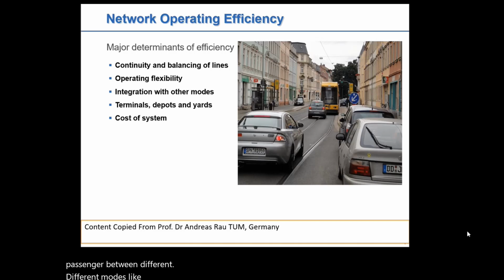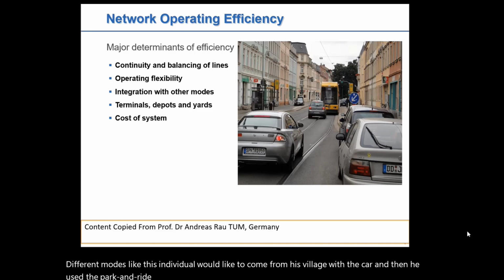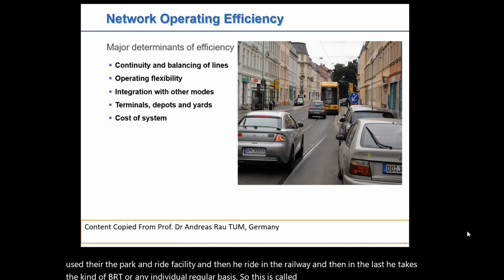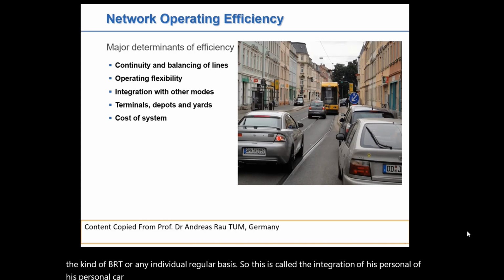Like if an individual would like to come from his village with the car, and then he uses there the park and ride facility, and then he rides the railway, and then in the last he takes a BRT or any individual regular bus. So this is called the integration of his personal car with the railway and with the road network.